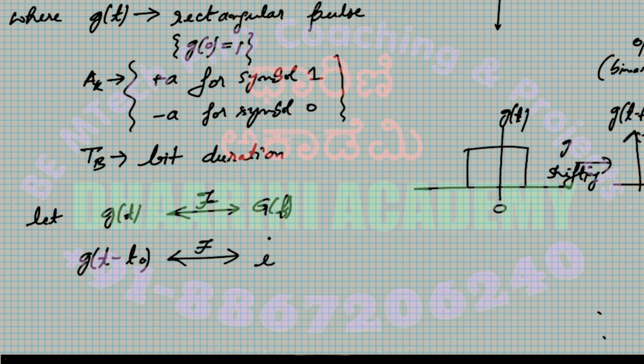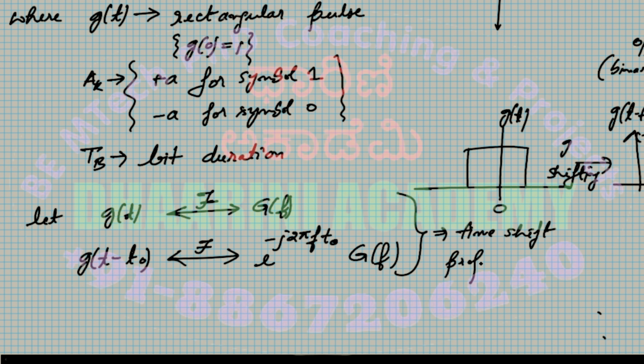The complex exponential is e to the power minus j 2 pi f t naught, multiplied into G of f. So this is what is called the time shift property of the Fourier transform.